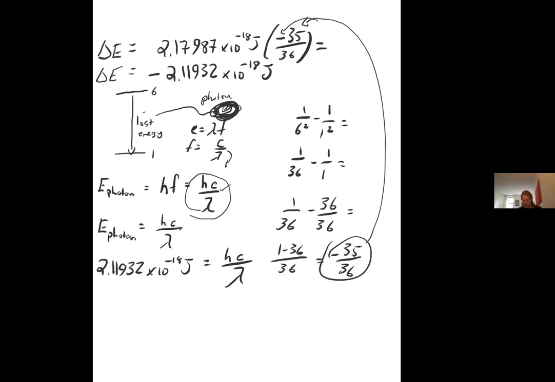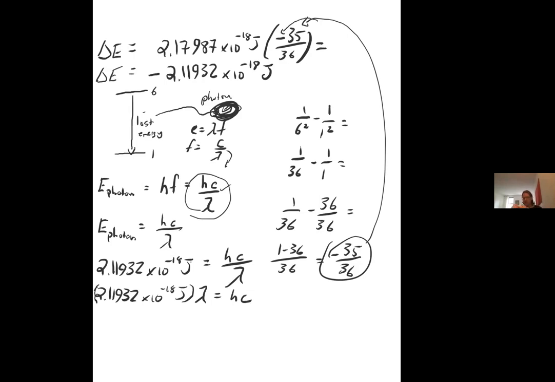So let me write it this way. If we multiply both sides by lambda, E times lambda will equal hc, right? Because if you multiply both sides by lambda, the lambda cancels out on the right side.